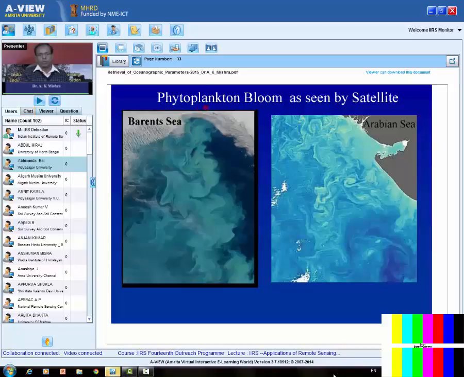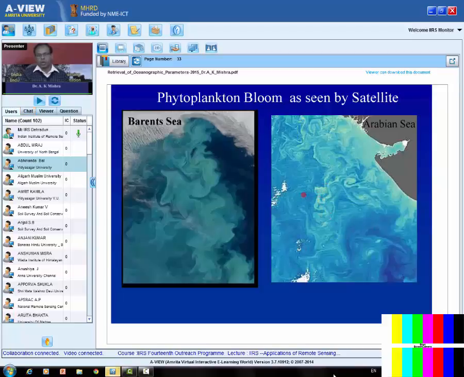So this is the phytoplankton bloom as seen by the satellite. It is the SeaWiFS image, and this is the Arabian Sea, Gulf of Kutch area, and you are seeing the meanders, which are associated with certain phytoplankton concentration.